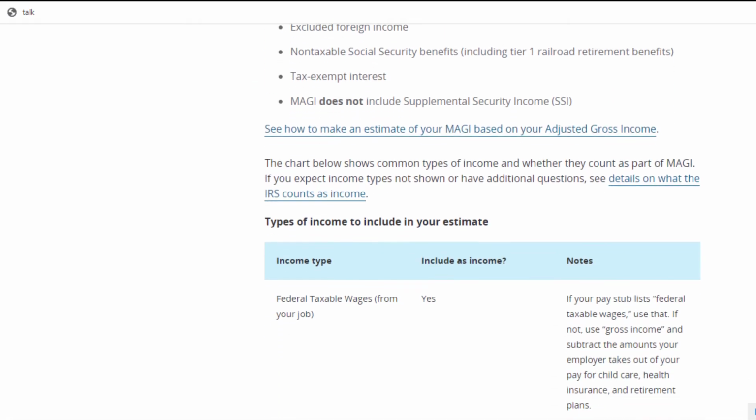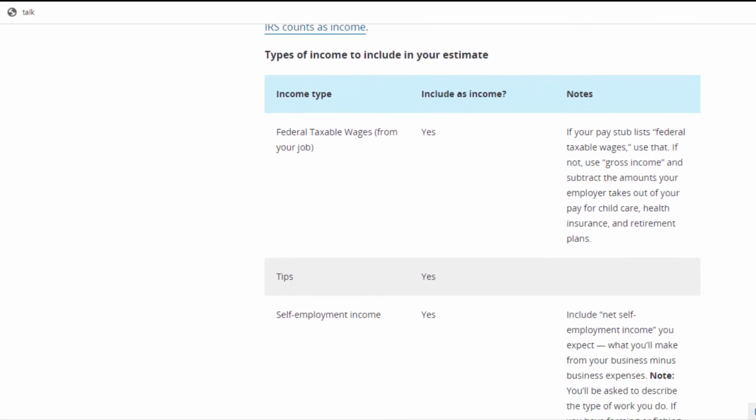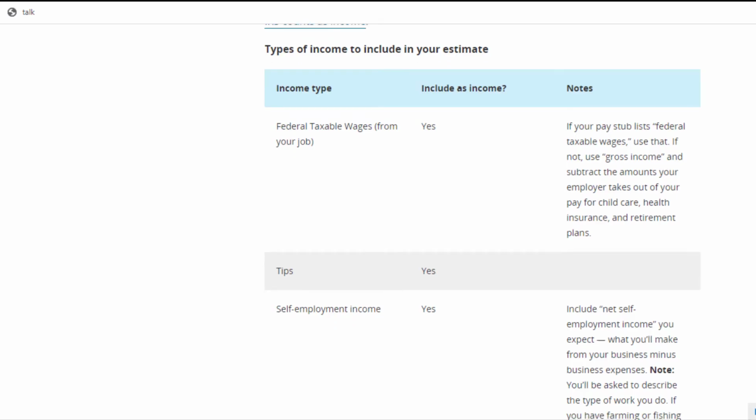Okay, so this is a handy chart, which is going to break it down. Now, honestly, a lot of these things are pretty much already part of your AGI, but it's just detailing it specifically.